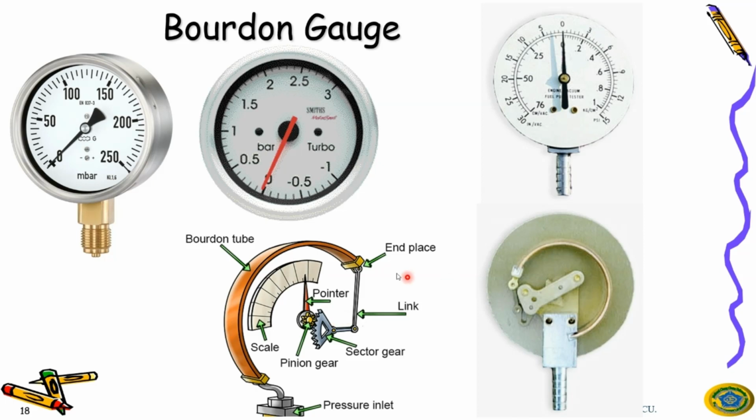So if you apply pressure to this tube, this end goes up. Then this gear goes this way, and this gear goes this way, so the pointer goes up. This is how it works.